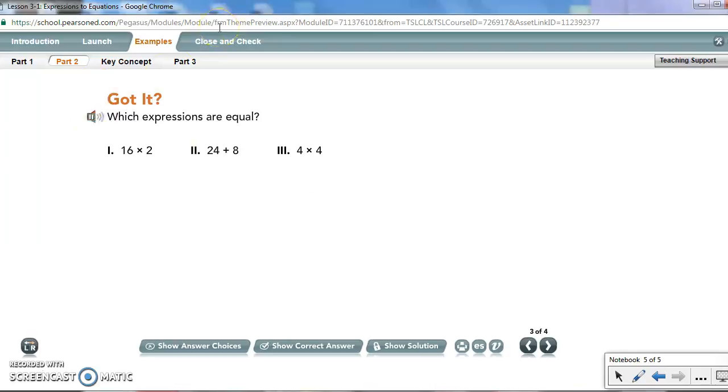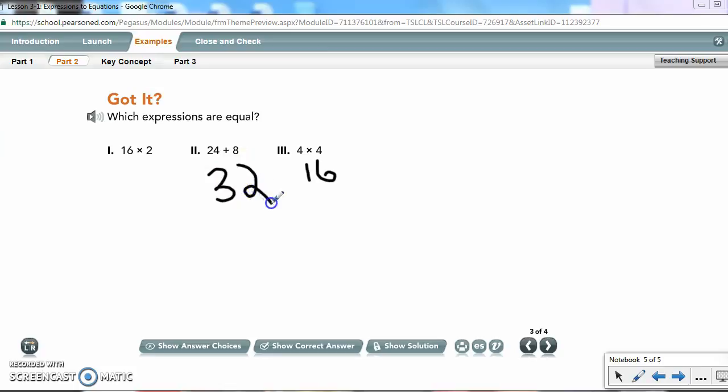Which expressions are equal? Expression 1, 16 times 2. Expression 2, 24 plus 8. Expression 3, 4 times 4. Well, 4 times 4 is 16. What's 24 plus 8? Well, 24 plus 8, 25, 26, 27, 28, 29, 30, 31, 32.